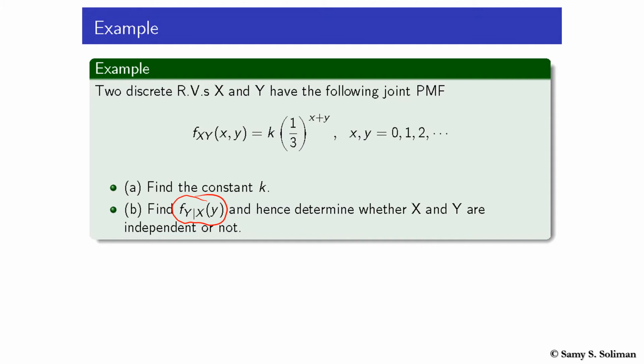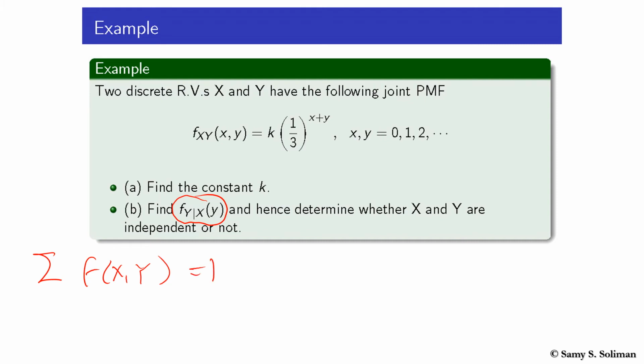So for the first requirement, we want to calculate the value of the constant k. The way we think of calculating the value of the constant k is the same as we used before for single random variables. We want to make sure that the joint PMF follows the total probability rule, which means that the summation of all the values of the joint PMF is equal to 1. So we want to make sure that the summation of f of x and y is equal to 1.